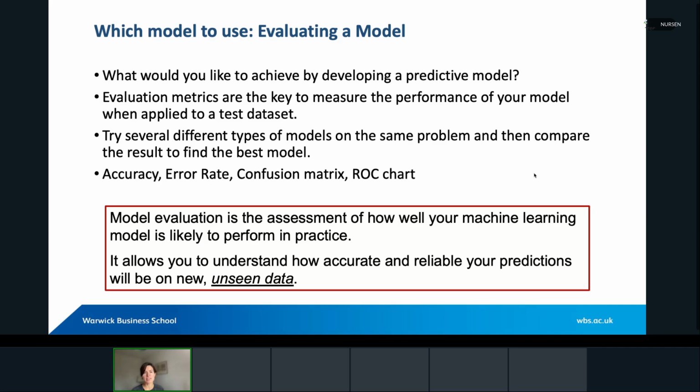If we can't achieve the target, then maybe we need to go back and fix even data preparation. Maybe we even need to collect more data to achieve the initially set objective. So they are very important. They are the key measure to identify model performance, and we perform model evaluation on the test data. As you may remember, we partition our data into training and test.